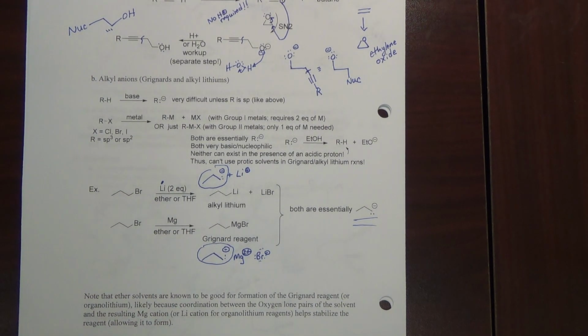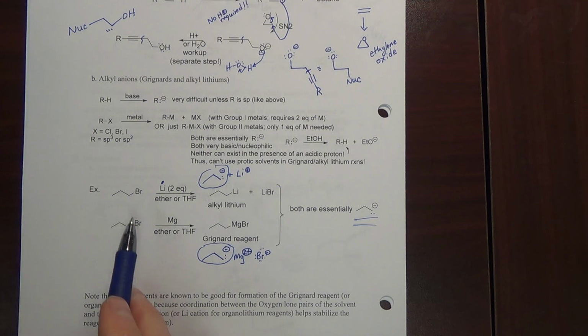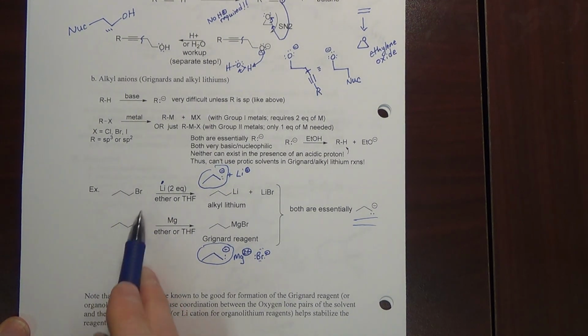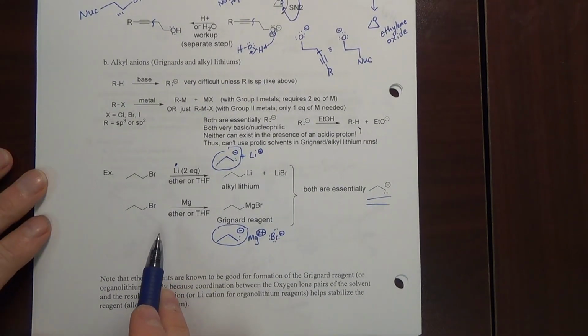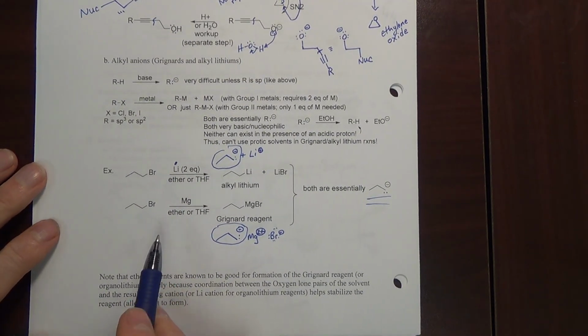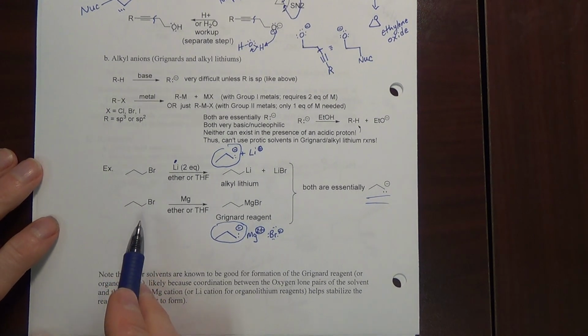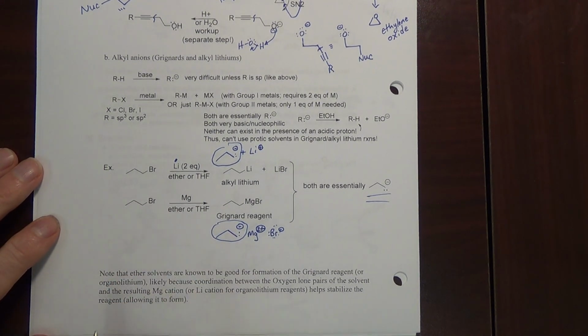It's much easier and more common to get to this by this reaction of the halide, the alkyl, or aryl. It can be aryl. We'll see more examples of this. It's actually a redox reaction. It's not a traditional acid-base reaction.